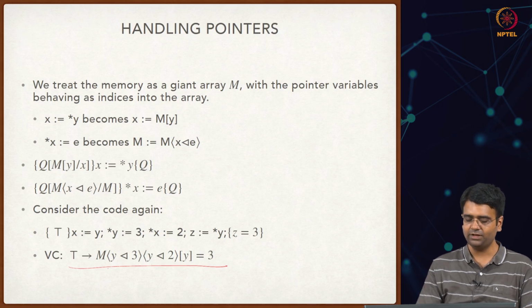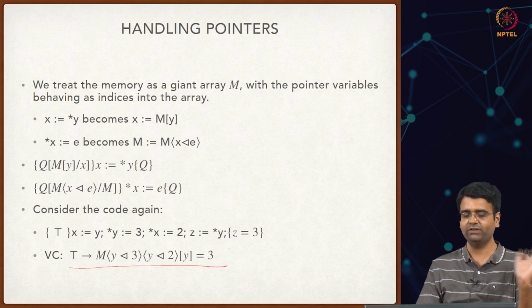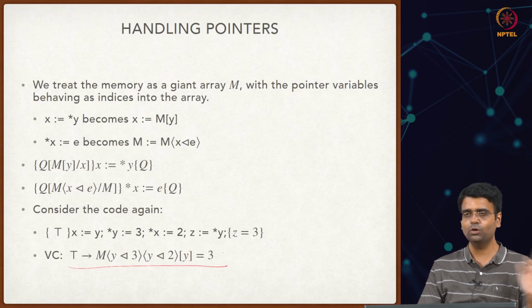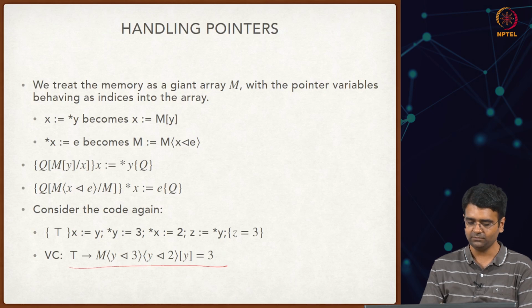Now we ask the validity of this particular formula modulo the theory of arrays. If you recall in the theory of arrays, we had seen things like read overwrite, read overwrite 1 and read overwrite 2. In particular, this write is going to overwrite the value.